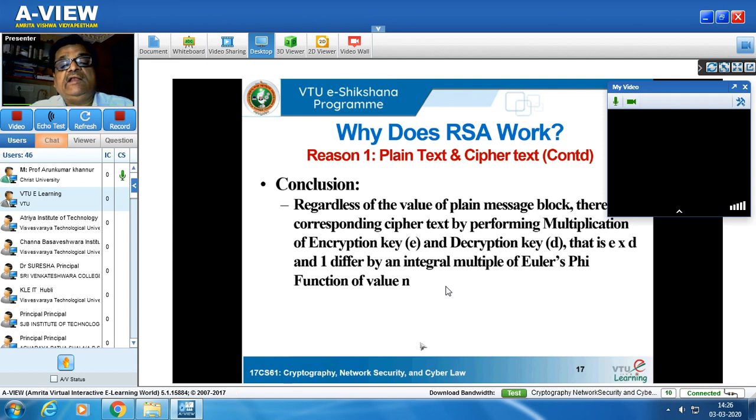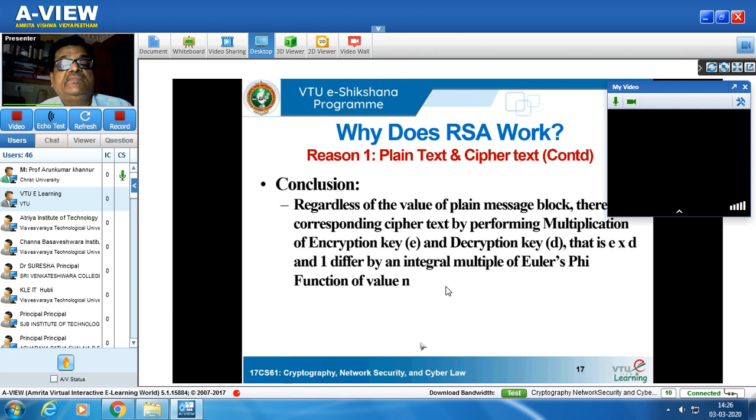When we encrypt plain text, then decrypt and recover the plain text, and compare both of them mathematically, we get a correspondence mapping. So that has been proved.